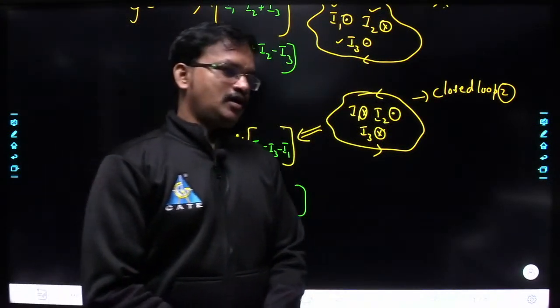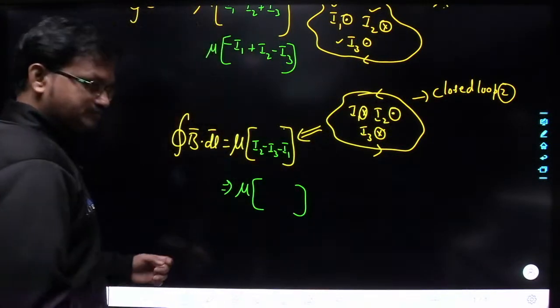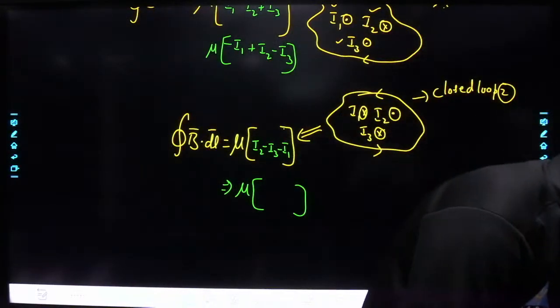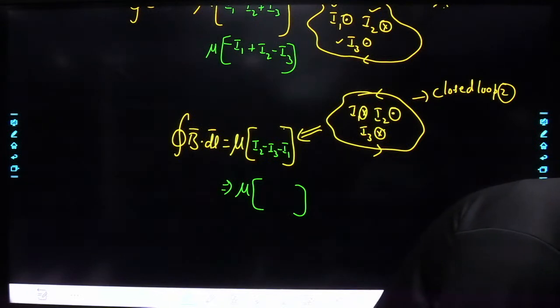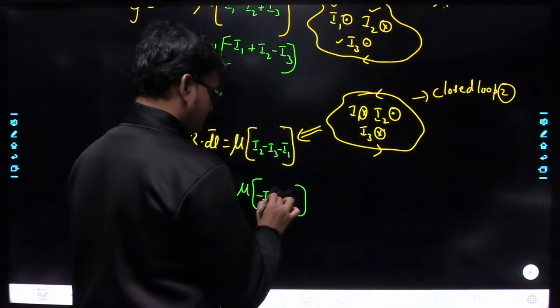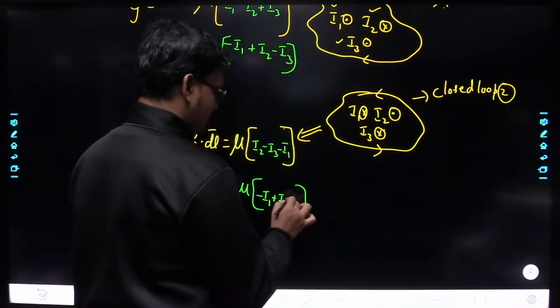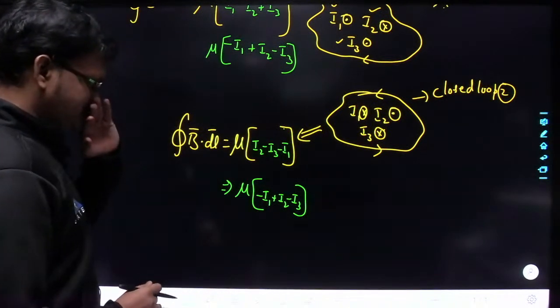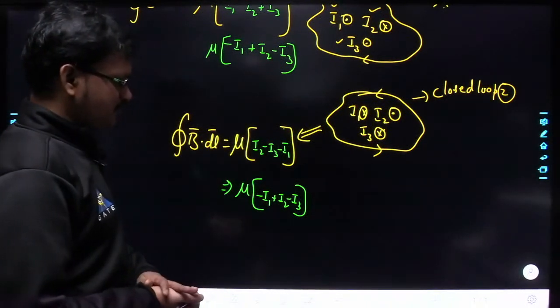Okay. So what you are saying? Minus I1 plus I2 minus I3. Minus I1 plus I2 minus I3. Okay. Minus I1 plus I2 minus I3.